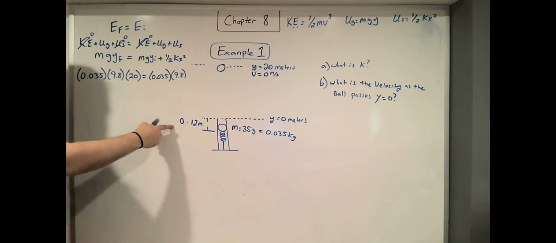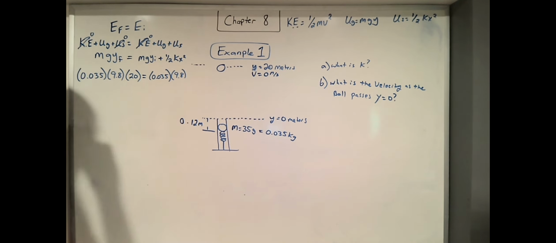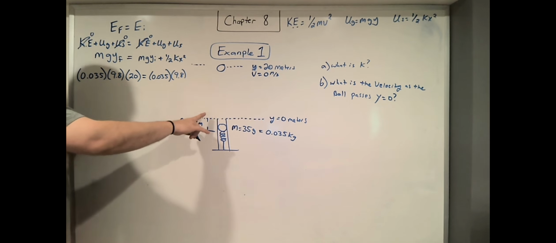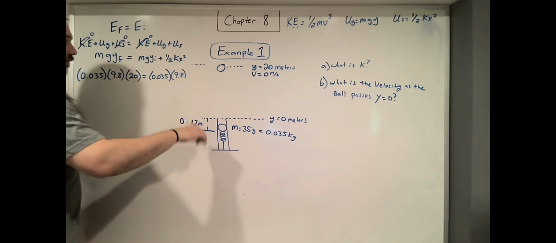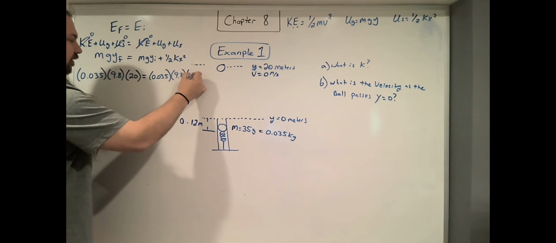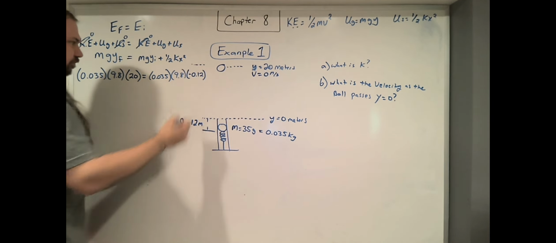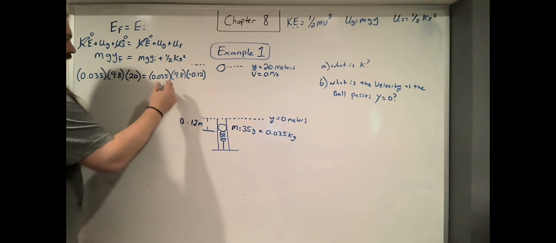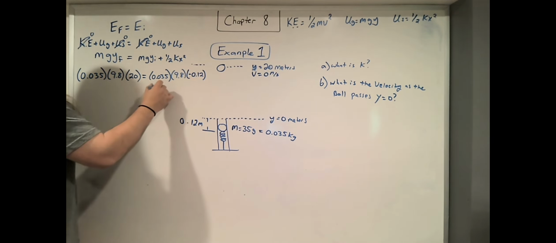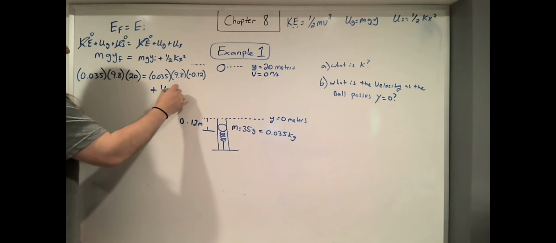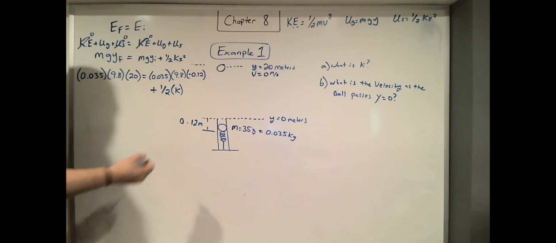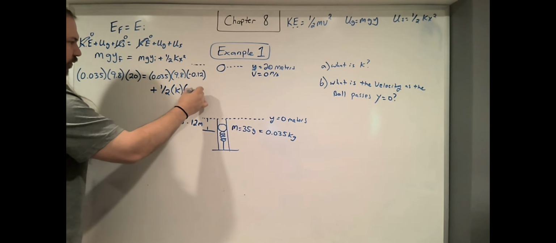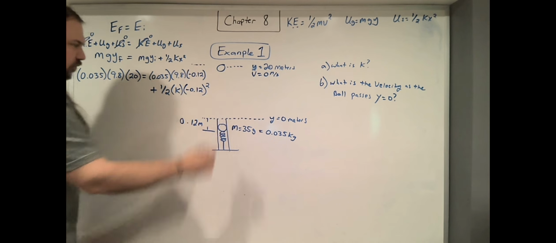Y initial is 0.12, but be careful. 0.12 is below y0, so this is a negative 0.12. And then this is plus 1/2 our k, which is the thing that we're looking for, and x squared. X would be the negative 0.12, but it gets squared.